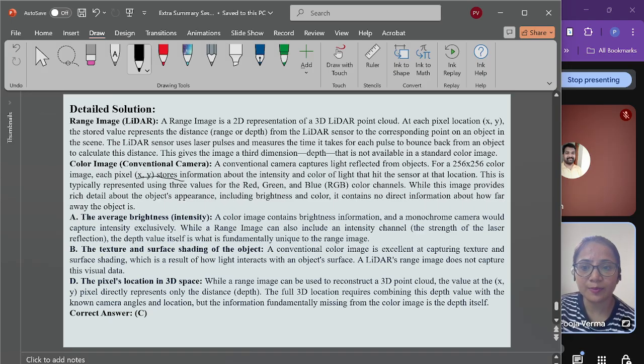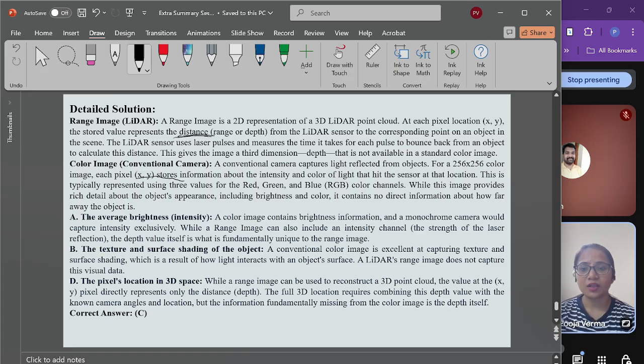This is typically represented using the three-value RGB color channel. While the image provides details about object appearance, including brightness and color, it does not contain direct information about how far away the object is. Okay, so the LiDAR sensor provides the distance at that point.